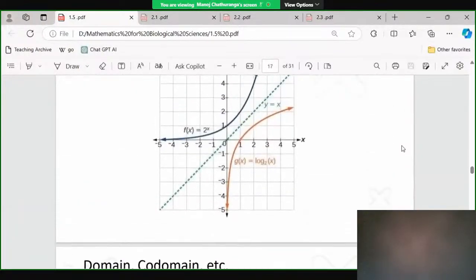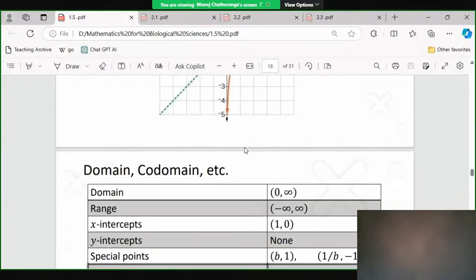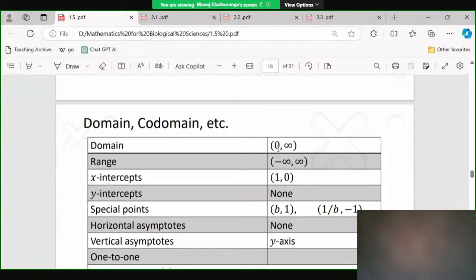If you look at this graph, the domain, that means possible x values for the log function, are positive x values. You only see this graph for positive x values. When you go to the negative x range, you don't have a log graph. So the domain for the log functions is (0, infinity), an open interval.